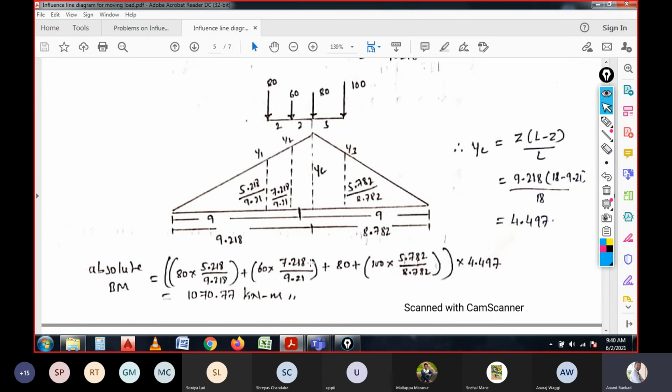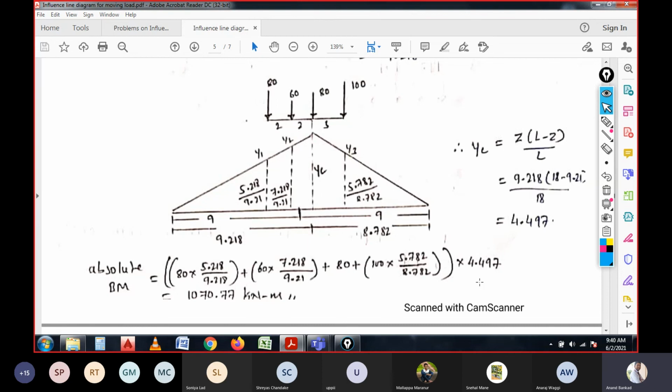That is how it is written: 60 into 7.218 by 9.218, which is the coefficient for the 60 kilonewton, plus 80 multiplied with yc, and yc will be multiplied all together, and 100 into 5.782 by 8.782, which is the coefficient.